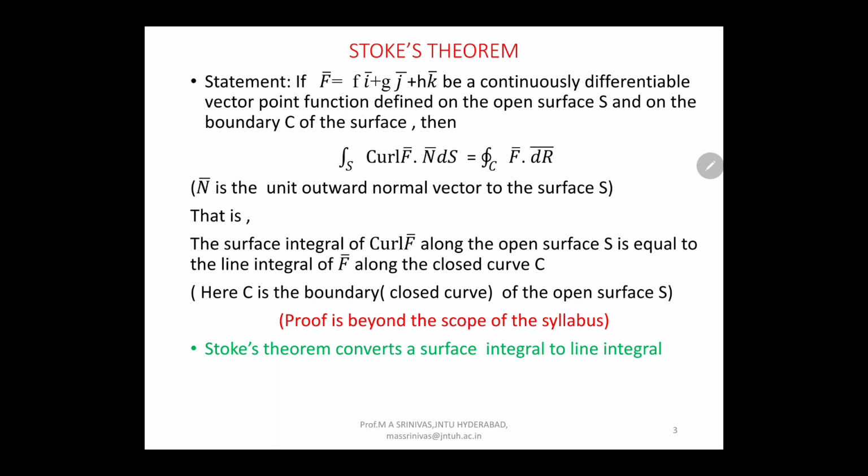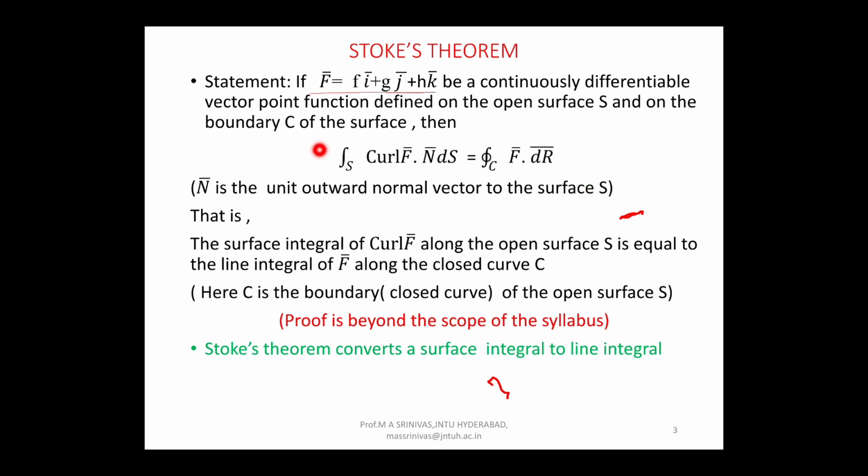If you have a vector point function f bar, which is f i bar plus g j bar plus h k bar, and it is a continuously differentiable vector point function defined on the open surface S and on the boundary C of the surface, then the integral over S of curl f bar dot n bar dS is the integral over C of f bar dot dr bar. Here n bar is the unit outward normal vector to the surface S.